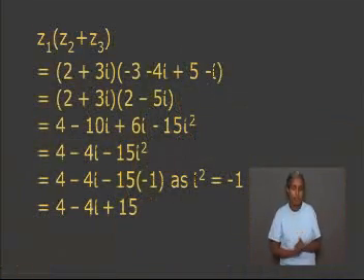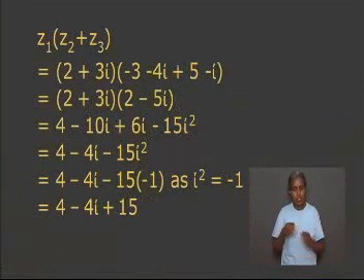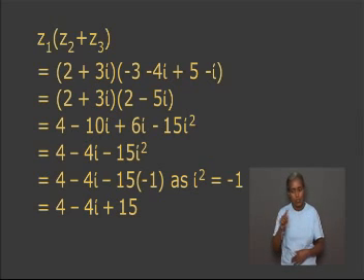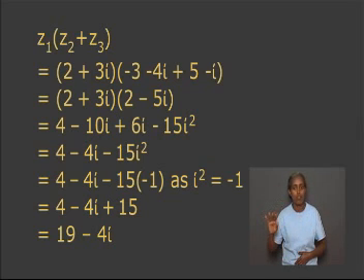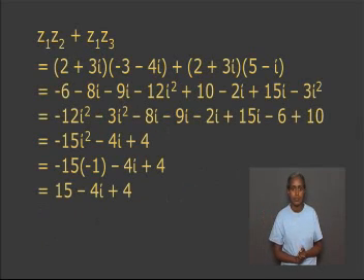Hello again. Let us see how you managed this activity. First, we calculate the product of Z1 and the sum of Z2 and Z3. We find that the product is 19 minus 4i. We then calculate the sum of Z1 times Z2 and Z1 times Z3.